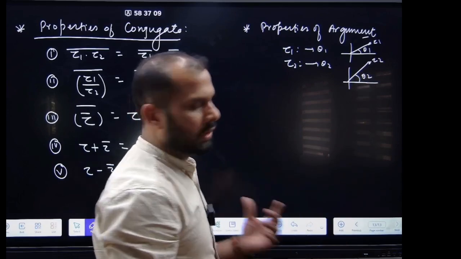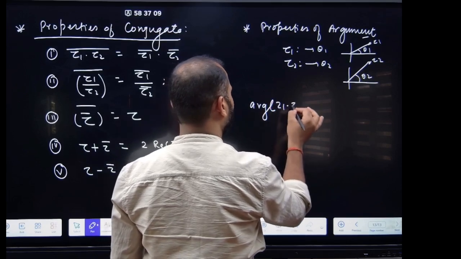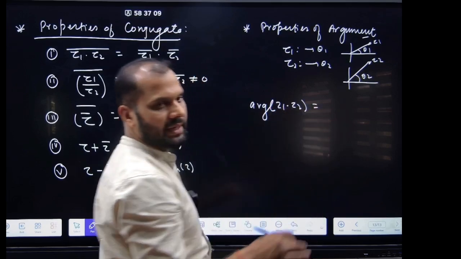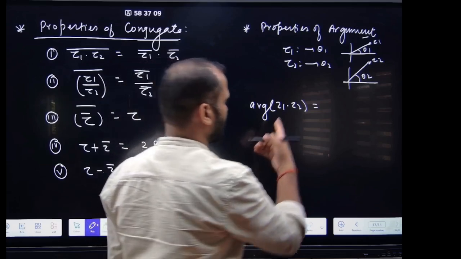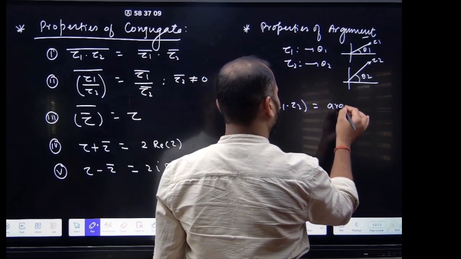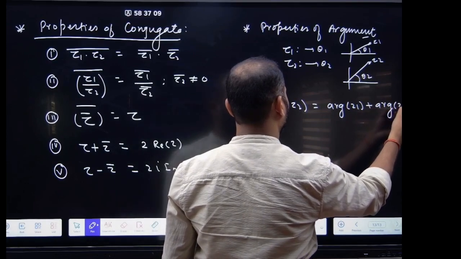Now, I want to calculate argument of z1 into z2. So, this rule tells that argument individually you calculate, argument z1 plus argument z2.